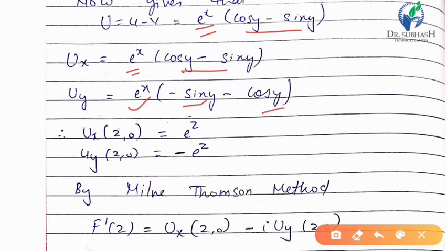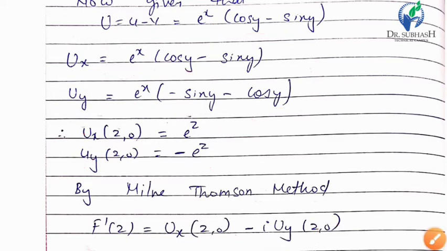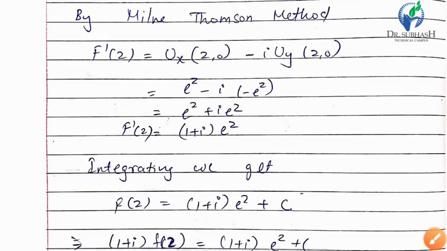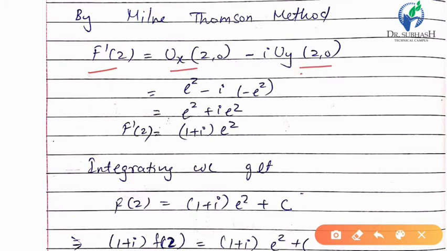Now I will put x equal to z and y equal to 0. So u_x(z,0) will be equal to e raised to z, and u_y(z,0) will be equal to minus e raised to z. Now according to the Milne-Thomson method, f'(z) equals u_x(z,0) minus i u_y(z,0).